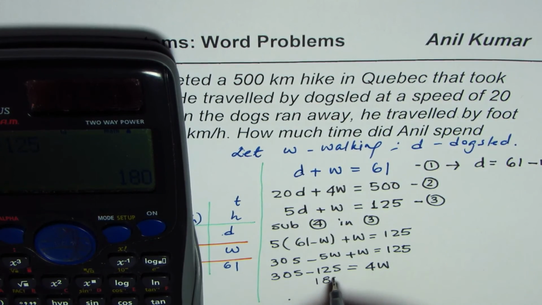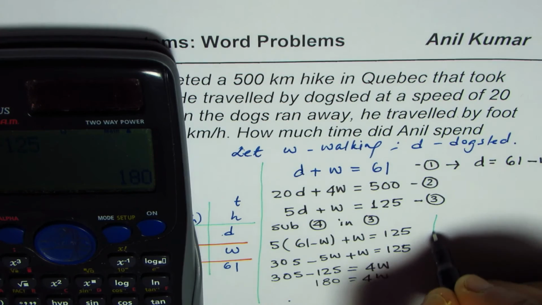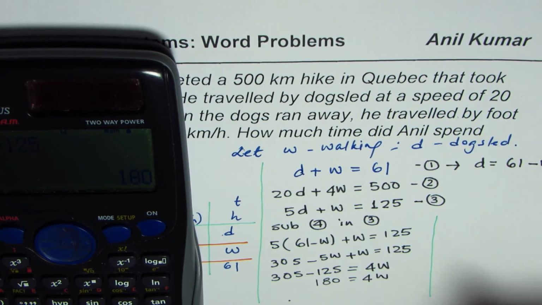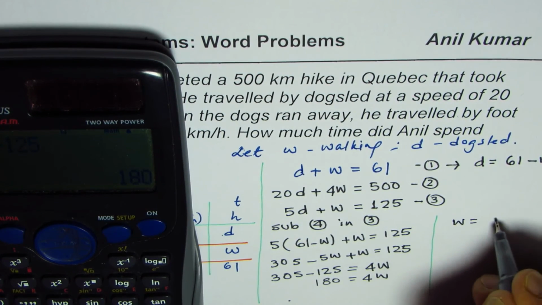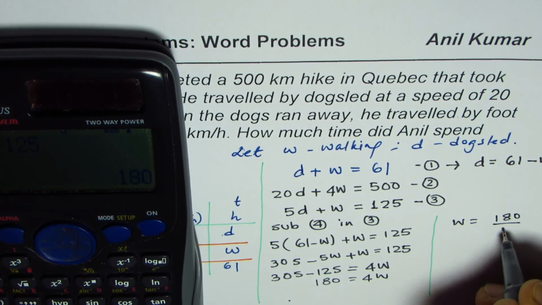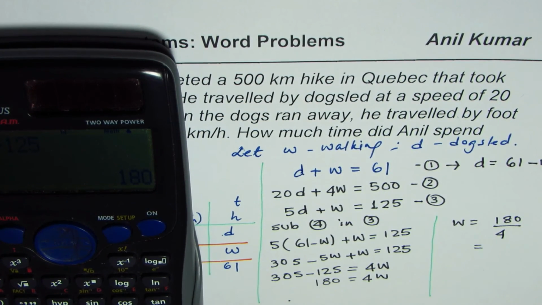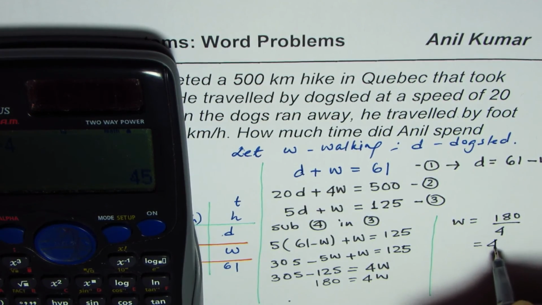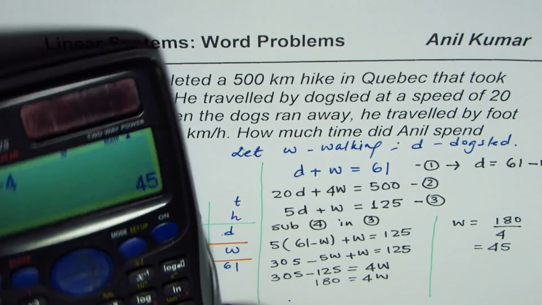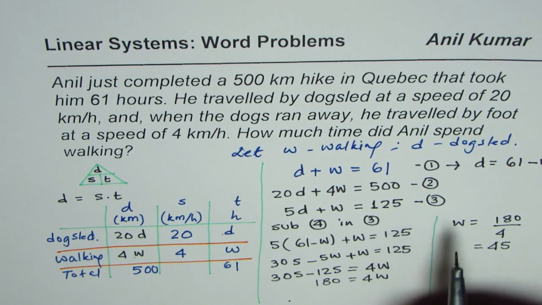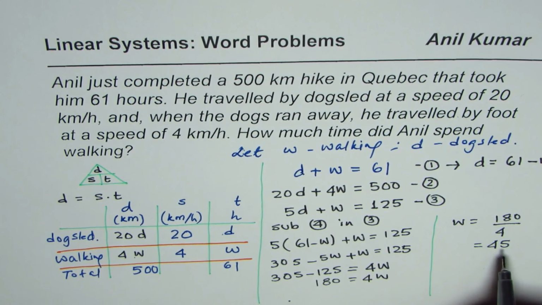So 180 equals 4W, or W equals 180 divided by 4, which equals 45.